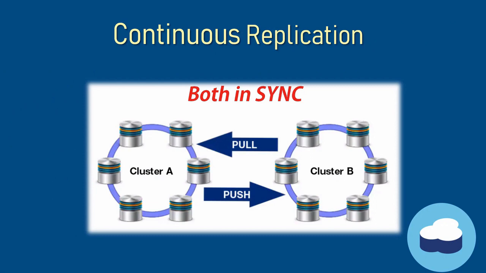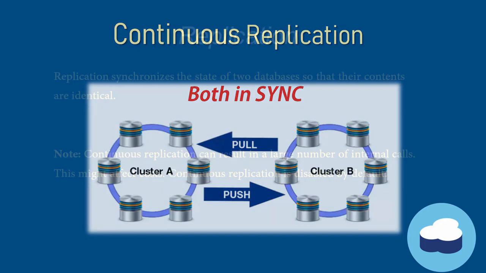With respect to the first cluster, cluster A, we have to push the data that is missing in cluster B, and we have to pull data from B that is missing in A, our current cluster or database. Similarly, we could perform this in cluster B also, until both are in synchronization.